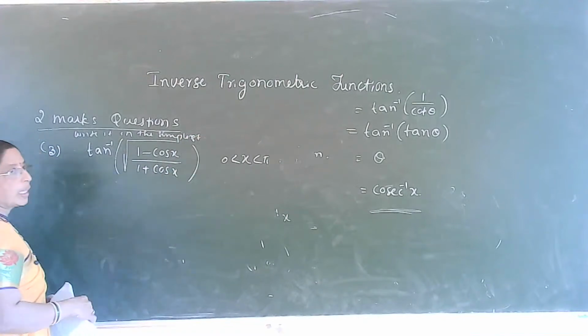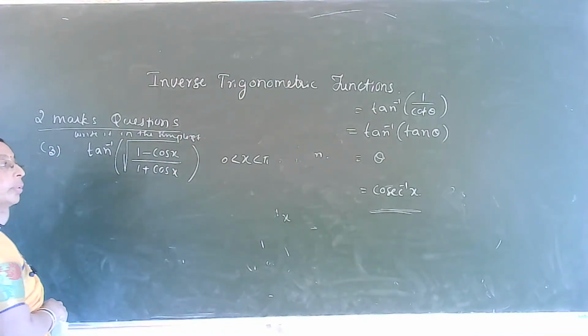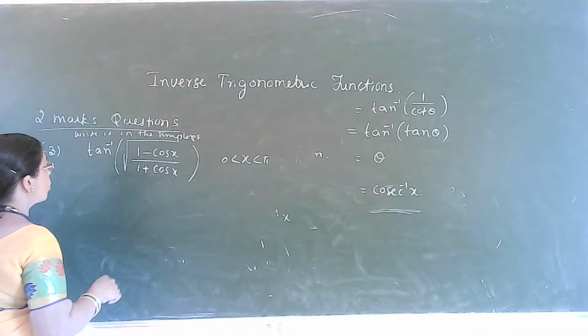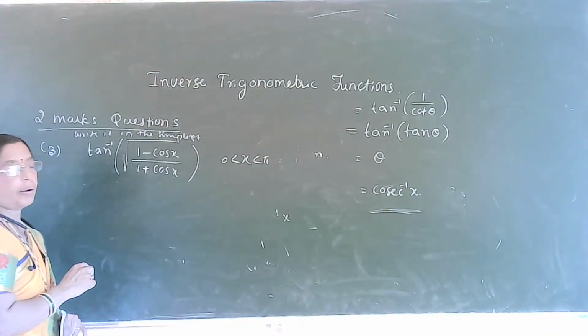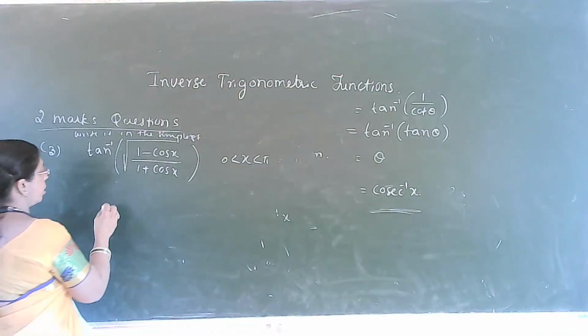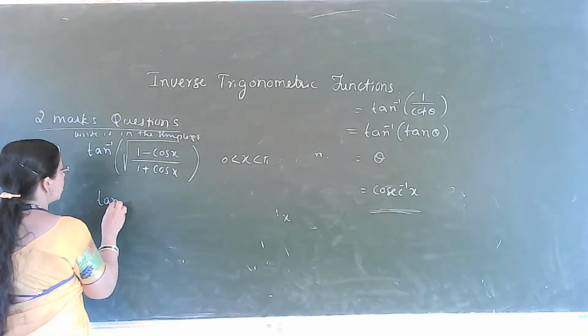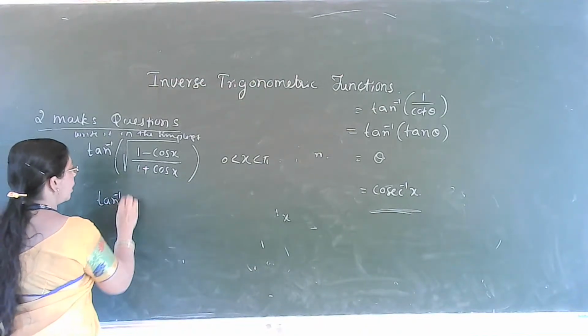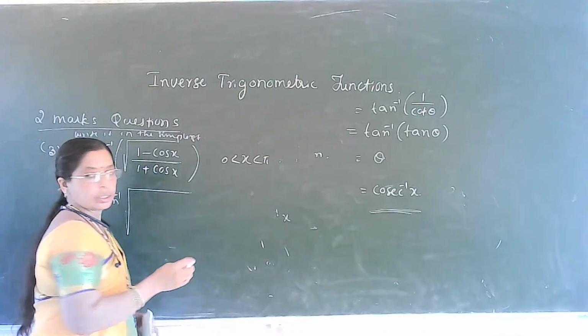There is no proof given, no LHS and RHS to prove. You should simplify the inverse trigonometric function. Here tan inverse of 1 minus cos x.